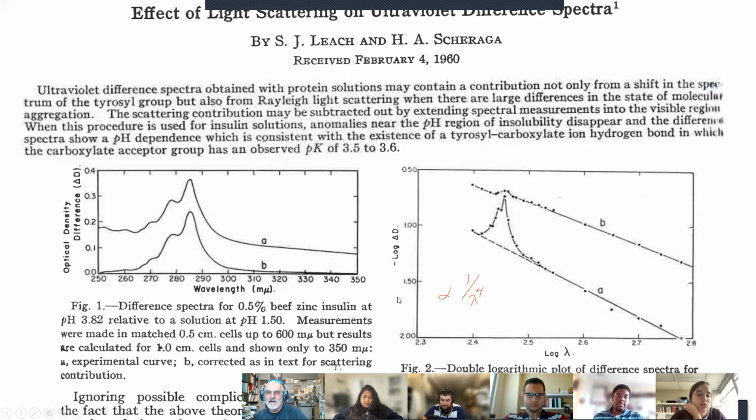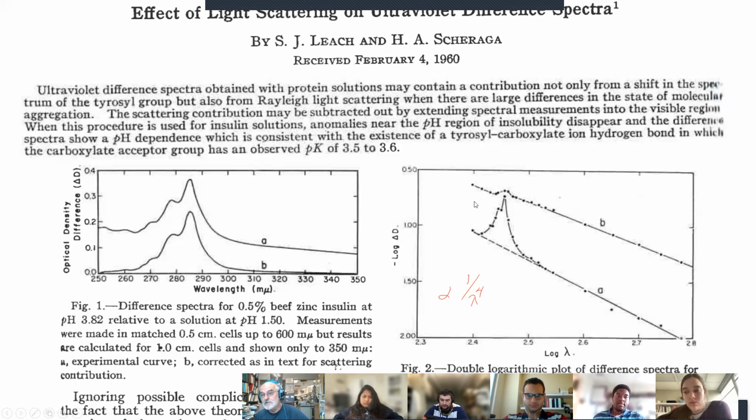You take minus the log of the OD versus the log of the wavelength, and then you fit this part of the curve to a straight line. So you have to choose the data points that are on the straight line, and then you extrapolate those points into the absorbance region, and you subtract them.